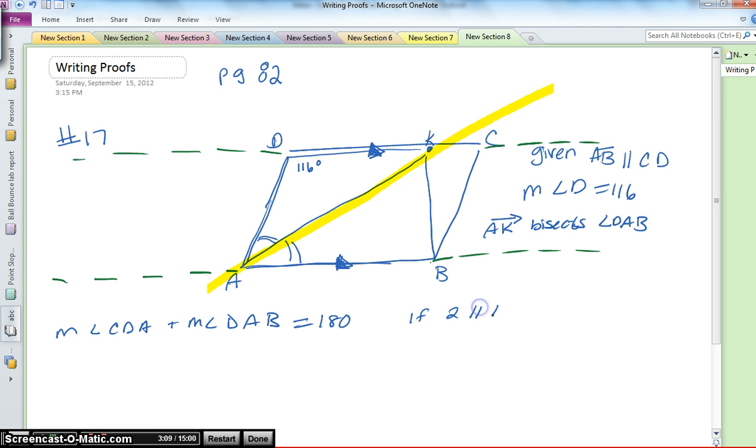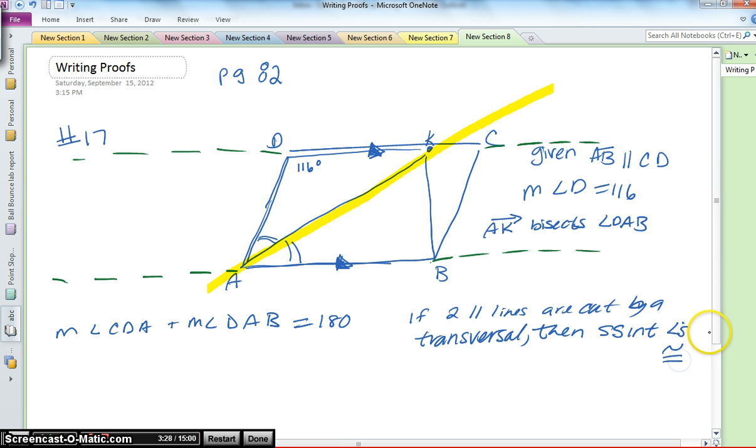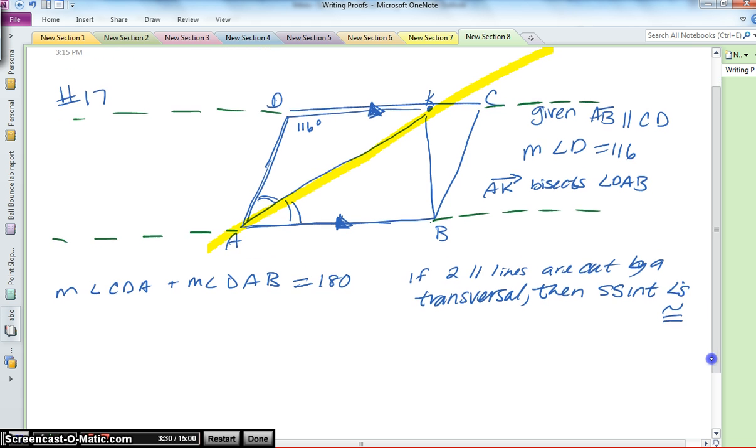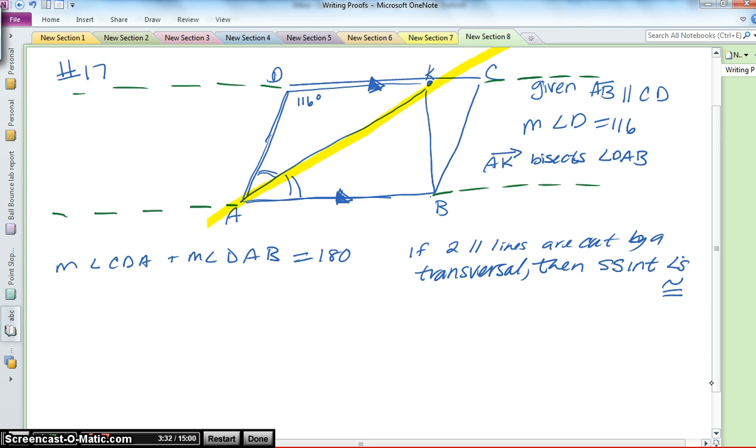If two parallel lines are cut by a transversal, then same side interior angles are supplementary. A little bit of abbreviation there, but what is not abbreviated is that if two parallel lines are cut by a transversal, then that is not abbreviated. I need to see that whole statement.